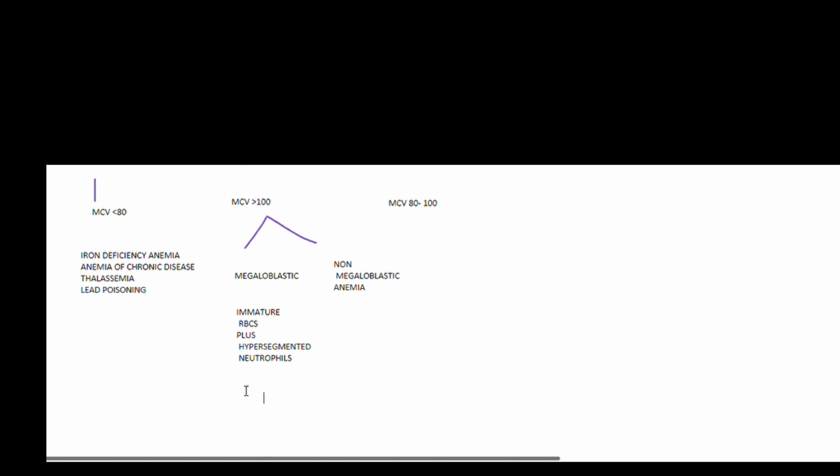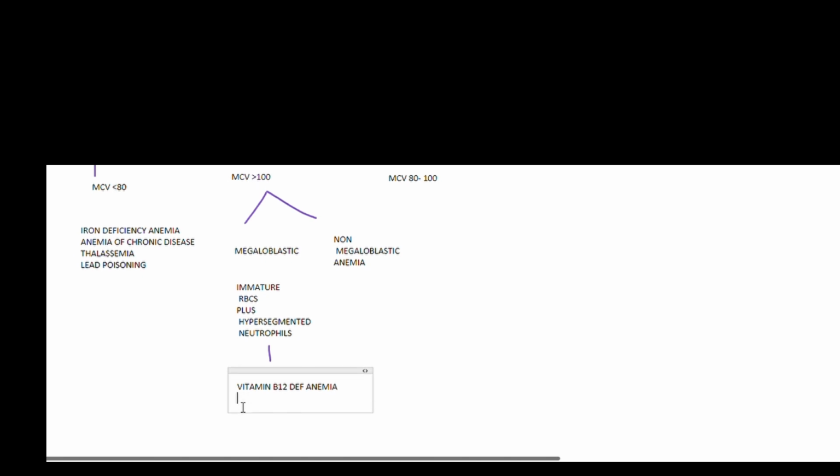And in the megaloblastic anemia, we have these types of anemia, commonly known as vitamin B12 deficiency anemia, folate deficiency anemia, and drug-induced anemia.